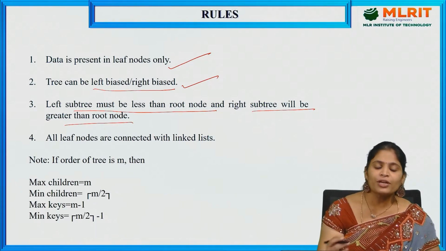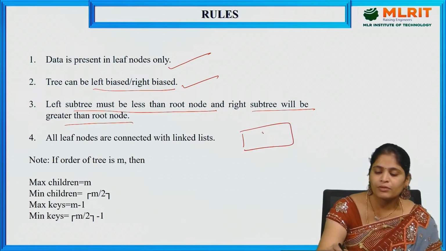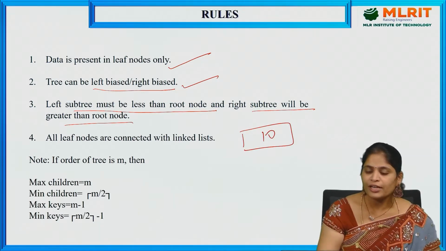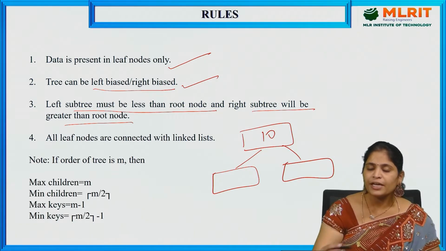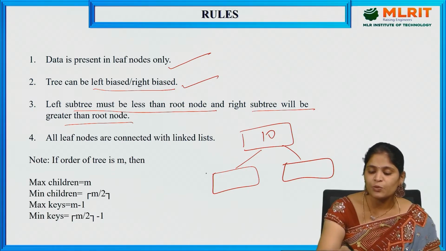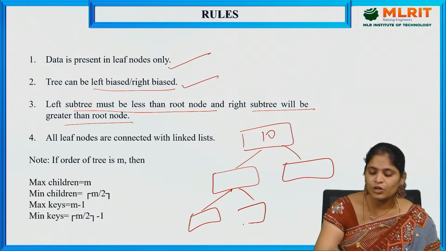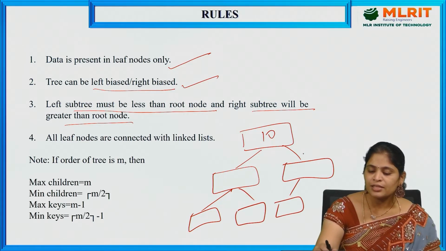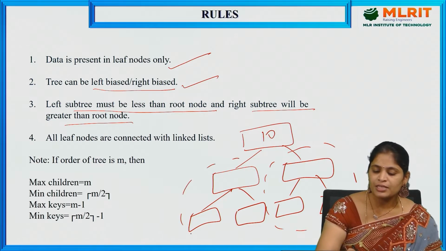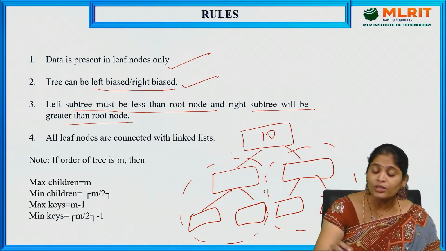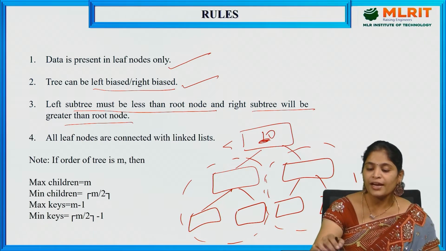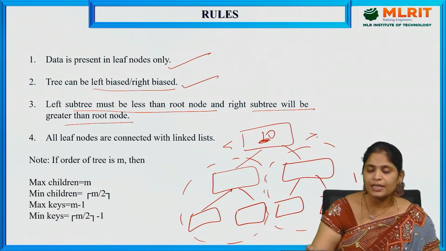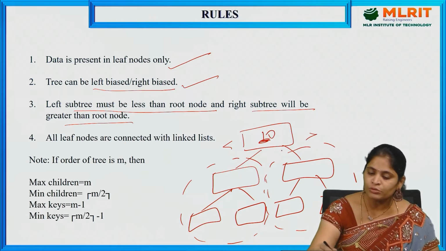For example, the root node contains 10. This is the left subtree and this is the right subtree. The left subtree must be less than the root node and the right subtree must be greater than or equal to the root node.